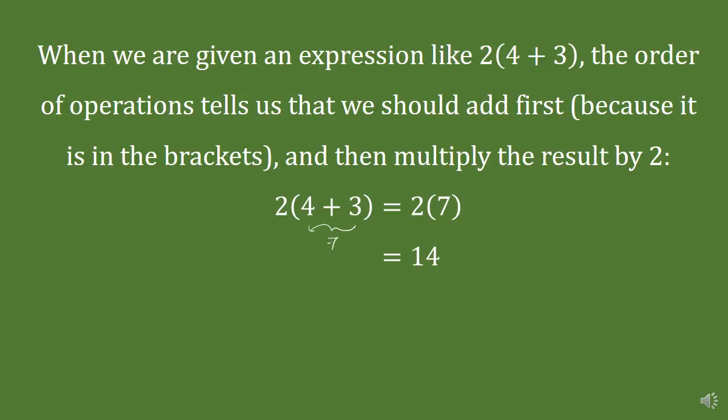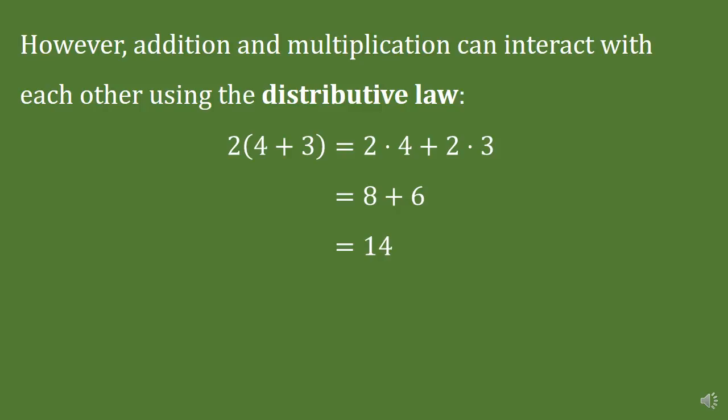Of course, this is 7, and so you'd get 2 times 7, which is 14, which is a perfectly reasonable thing to do. But later we'll see that using the distributive law will be necessary.